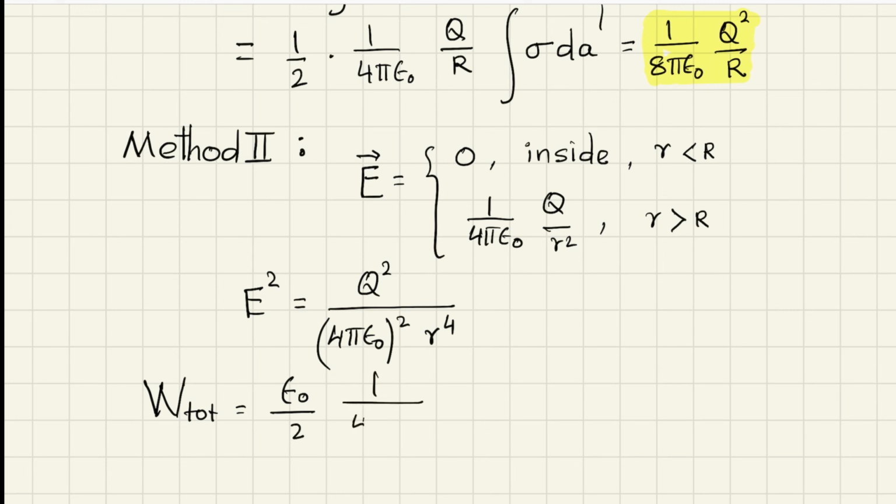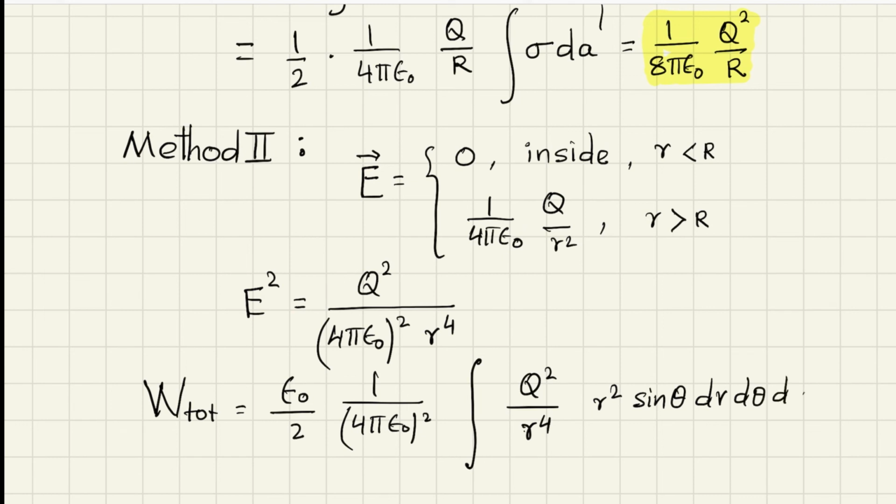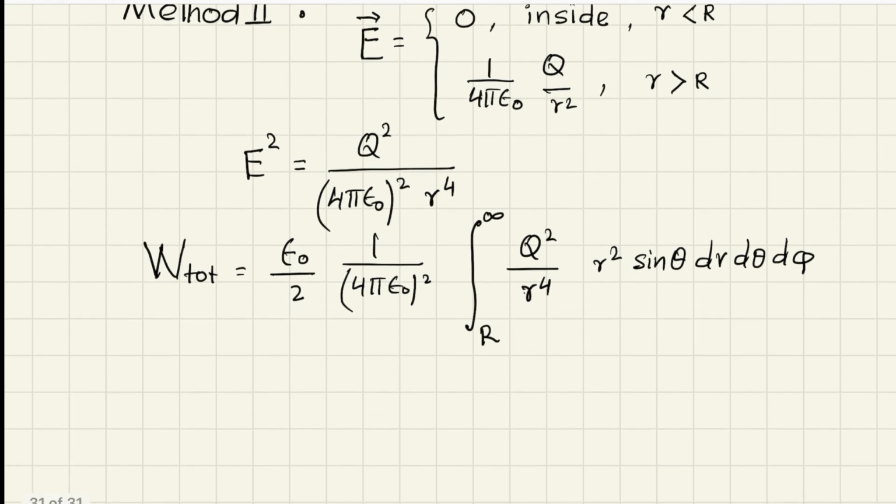Of course I'll take out 4 pi epsilon naught square, and then the integral of Q square by r to the power 4, r square sine theta dr d theta d phi over all space. This is r from R to infinity.